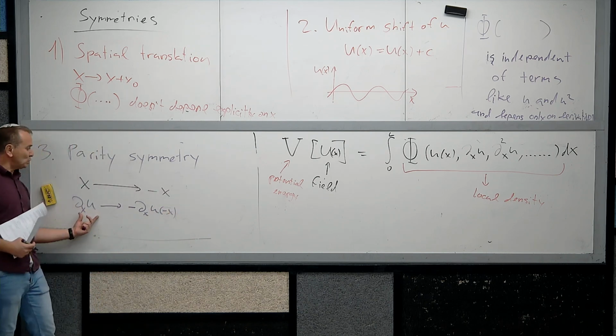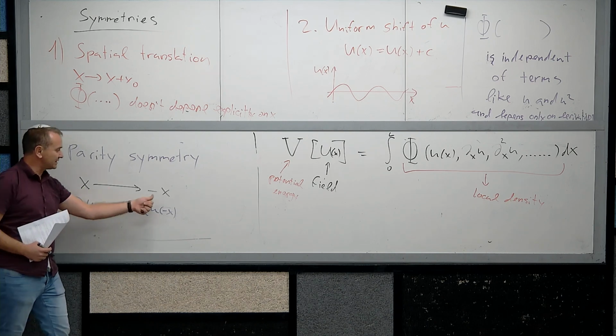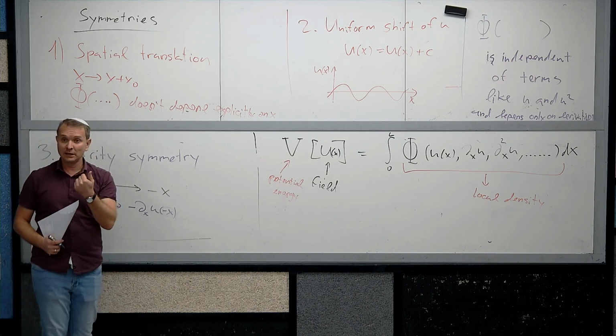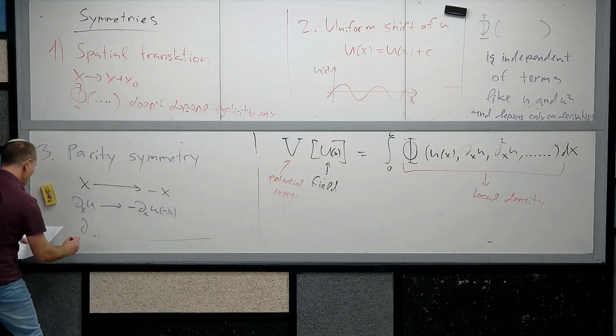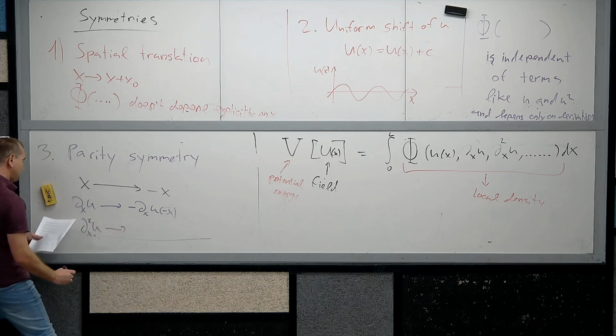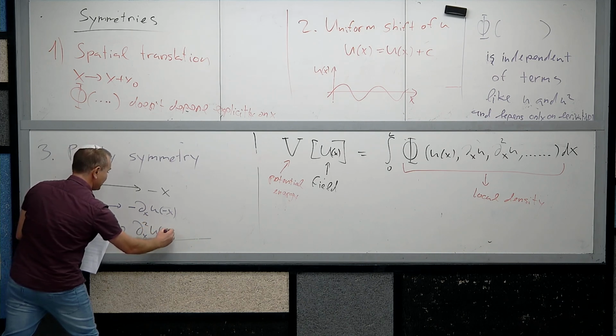So it should somehow change, right? If I have this transition from x to minus x, the first order derivatives flip sign. The second order derivatives, d_x squared u, they simply go to d_x squared of u at minus x.